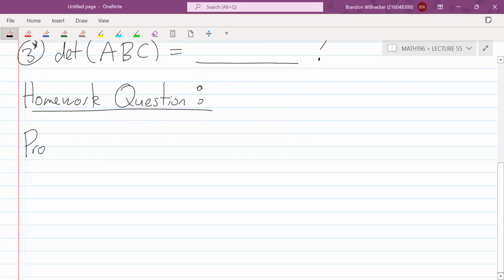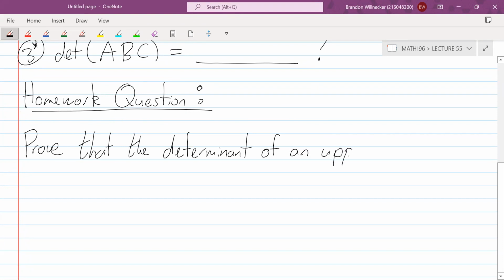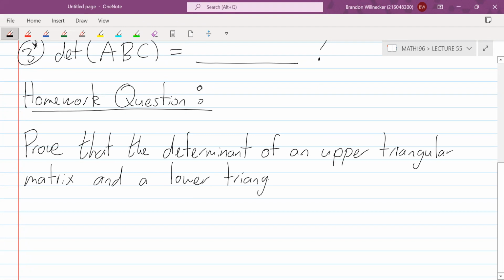So prove that the determinant of an upper triangular matrix and a lower triangular matrix is the product of the diagonal entries.